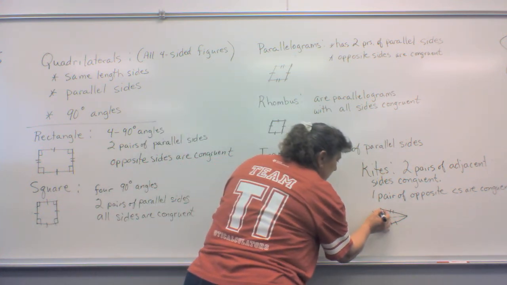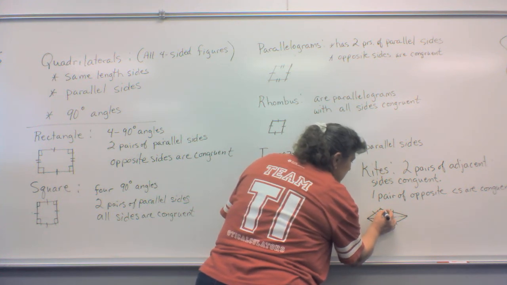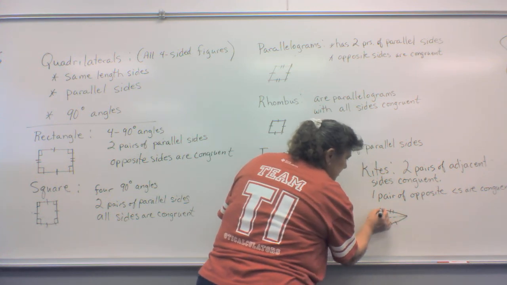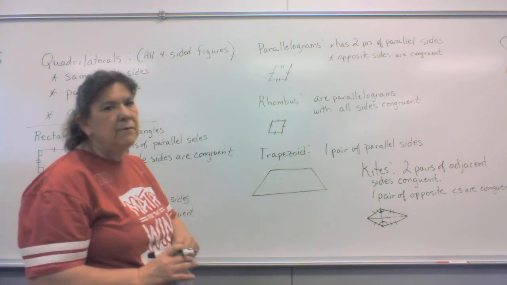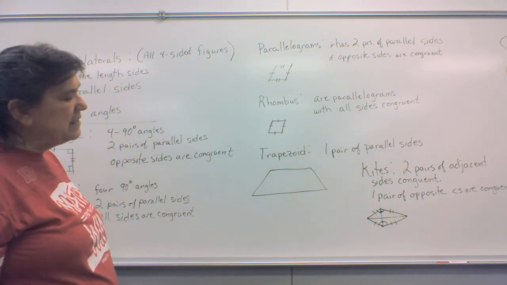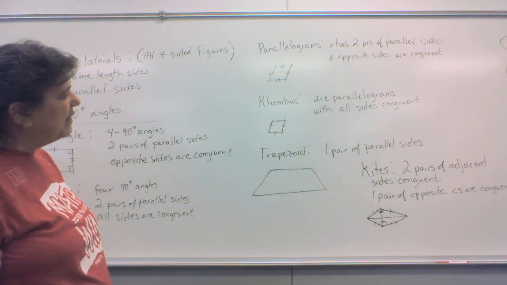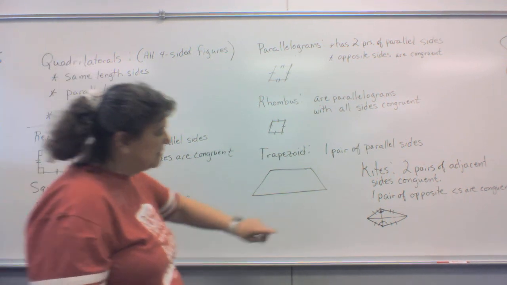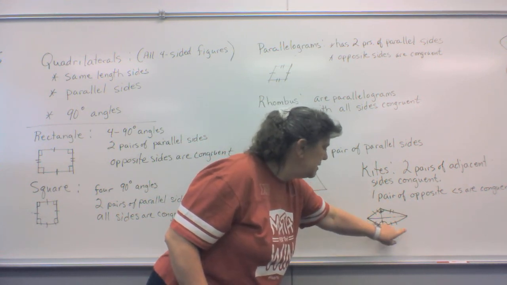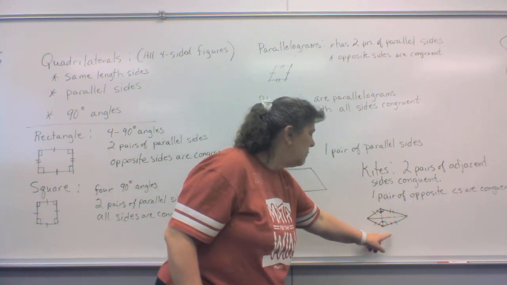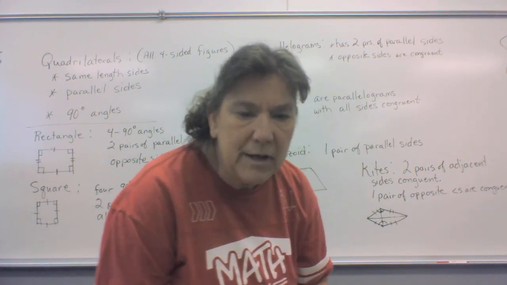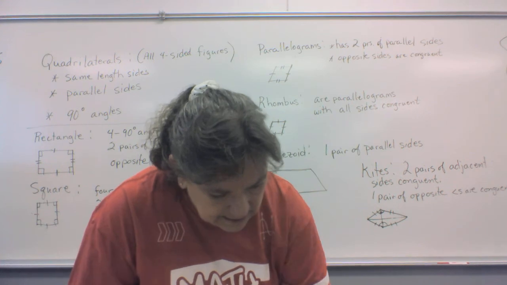And you've got two diagonals. This angle is congruent to this angle. These are not, but these are. Okay? So that's the distinguishing feature of a kite: two pairs of adjacent sides are congruent because these are adjacent and these are adjacent, and opposite angles that are also congruent. So there's the naming of all these things, okay?